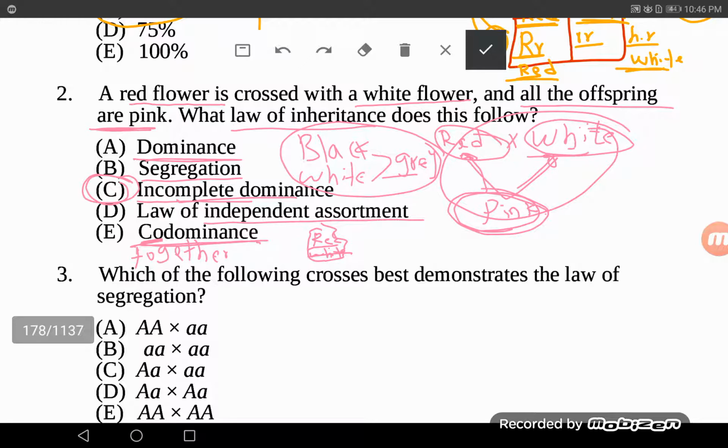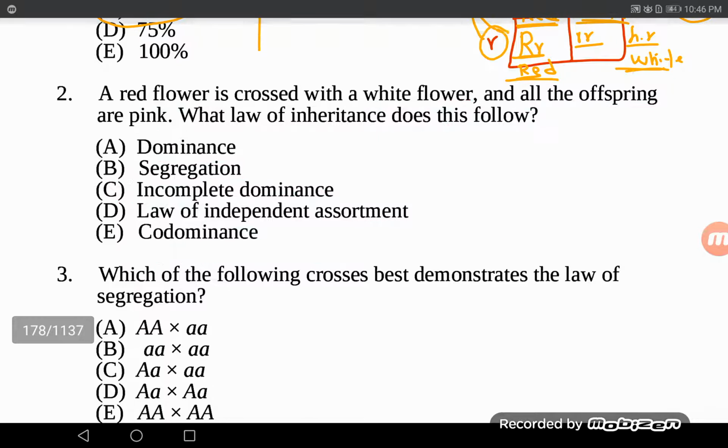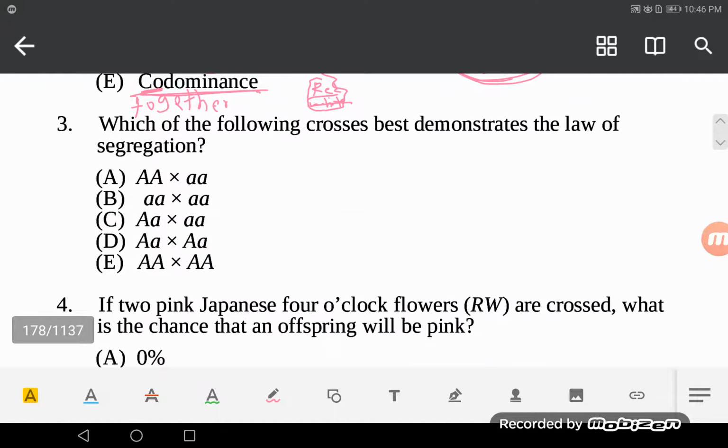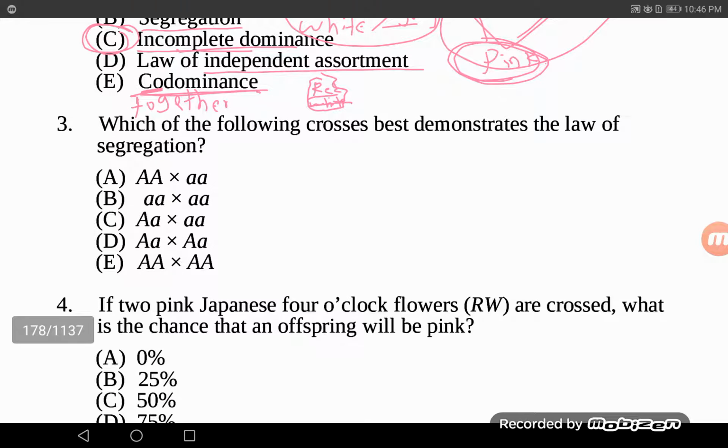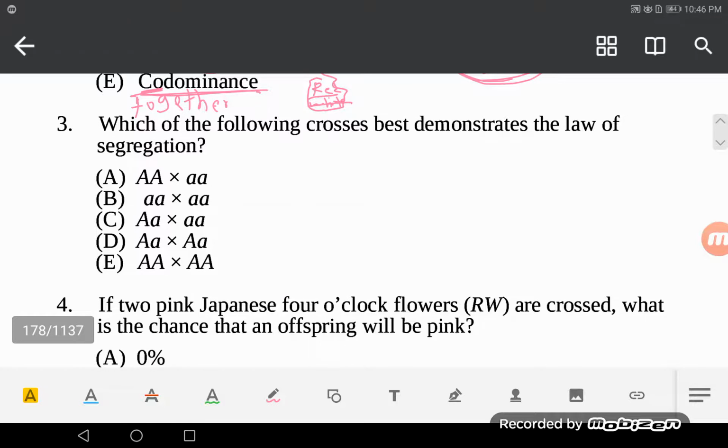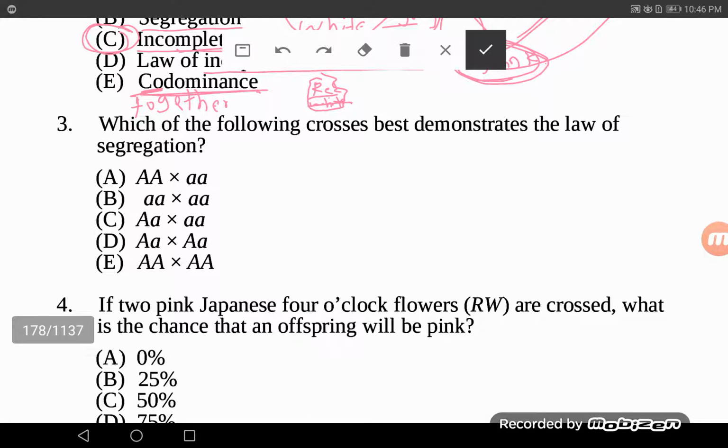I hope it's clear. And now let us move to the third question. It says, which of the following crosses best demonstrates the law of segregation?